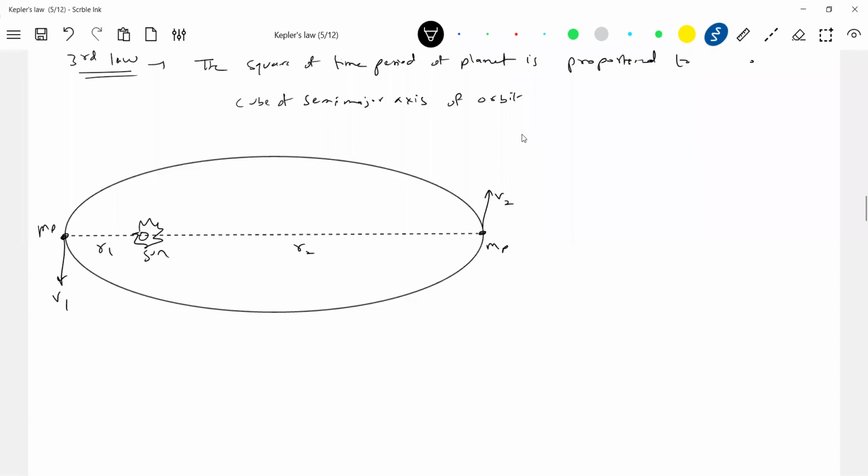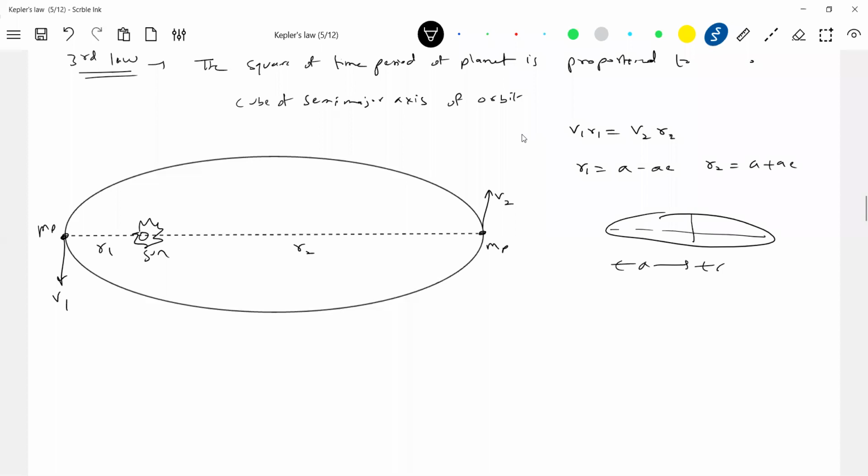So we can conserve angular momentum. So from conservation of angular momentum, V1 R1 equals V2 R2. What is R1? R1 should be equal to A into (1 minus e), and R2 is A into (1 plus e). What do you mean by all this? This is A, and this distance will be A, you know.